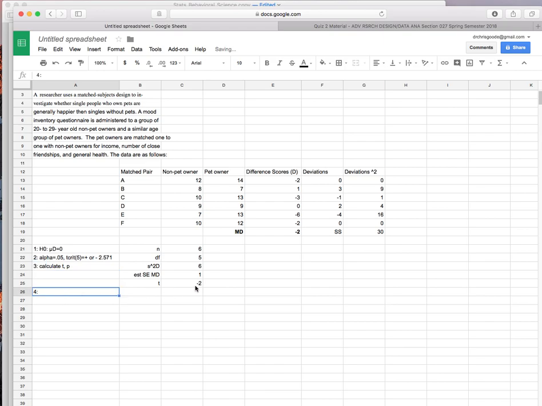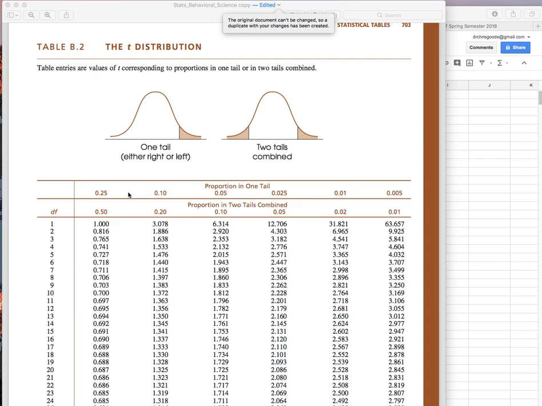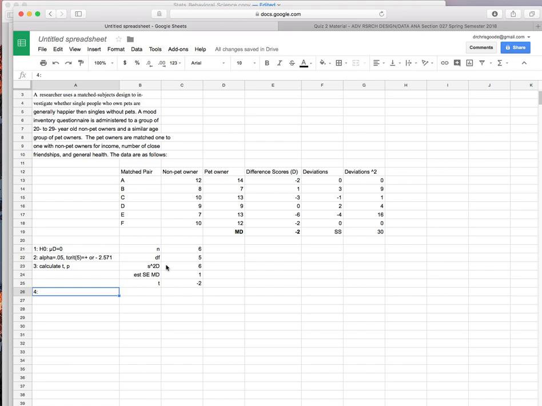Now, can we compare minus 2 to minus 2.571? Let's go back here. You can imagine in two tails, this one is minus 2.571 and this one is plus 2.571. Minus 2, our t-value, is going to be here in the body of that distribution.